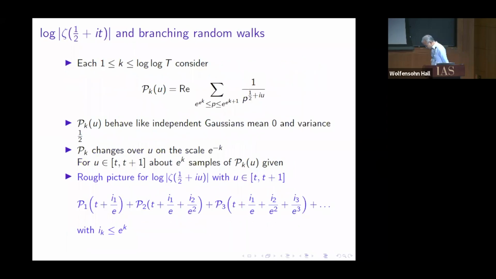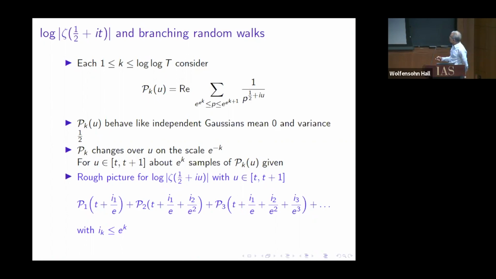One way to do this is not exactly the truth, but it's some kind of approximation to it. Imagine that you split the sum over primes into blocks from e to the k to e to the k plus 1. This range is chosen so the sum of the reciprocals of the primes in this block is approximately 1. So you could imagine that the log of the zeta function is a sum of many of these objects, and each one of them is some kind of Gaussian with mean 0 and variance 1.